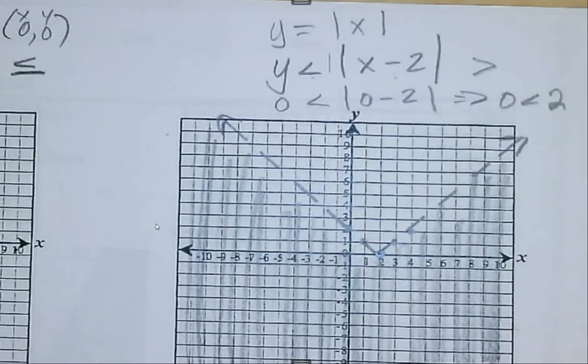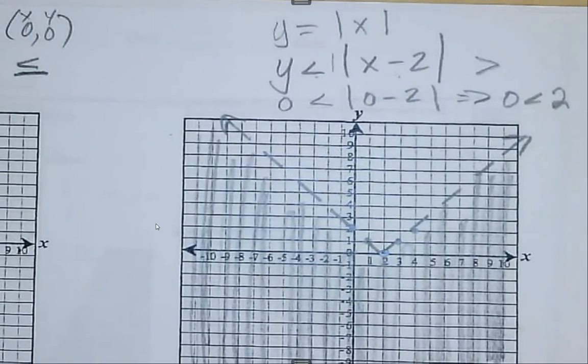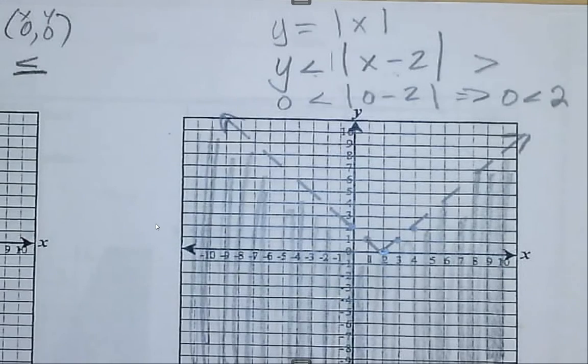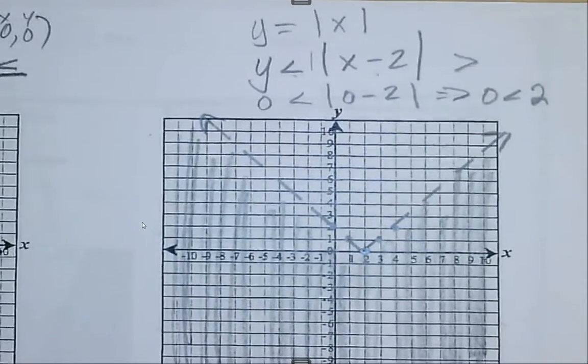Now here's the point that I want to get across to you. I know that you could graph these. As a matter of fact, you could pull up Desmos and graph these really, really quickly, a lot more quickly than I did here. So your assignment is not really going to be to graph, because it's going to be hard for you to graph anyway if you try to do this virtually.